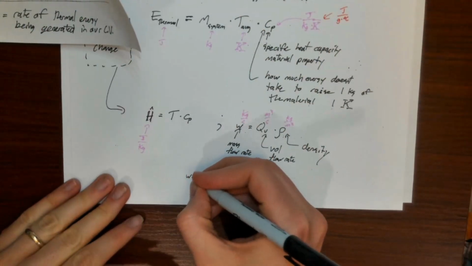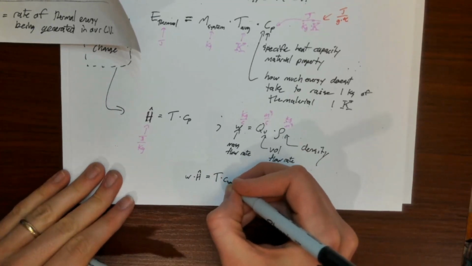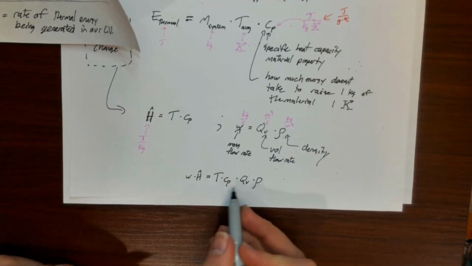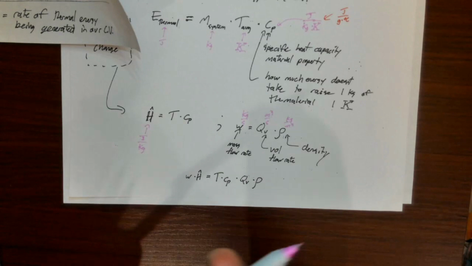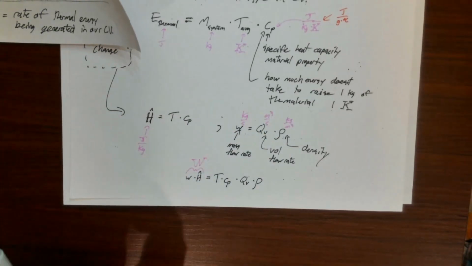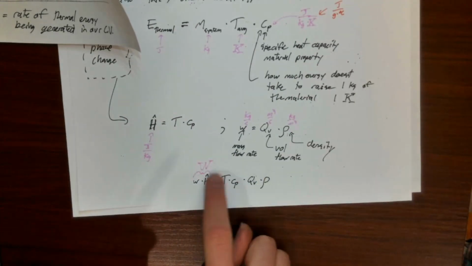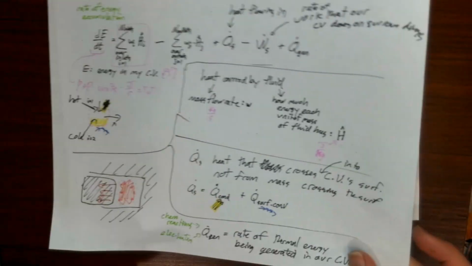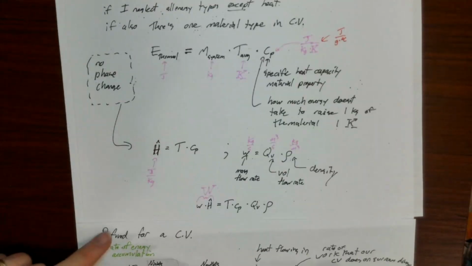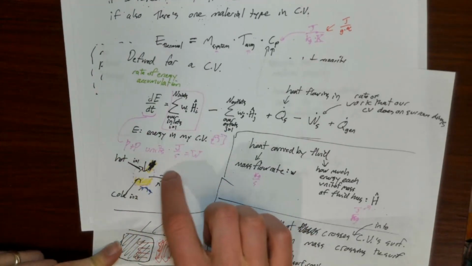Maybe a W dot times an H hat, under some circumstances, might look like the temperature times the specific heat times the volumetric flow rate times the density. And if you carry out all of those units, the product of these terms is going to have watts, or joules per second. So for a lot of systems, we can express the energy carried in by mass coming in from an inlet as this product of terms. And you could do a similar formulation for all of your inlets and your outlets as well.